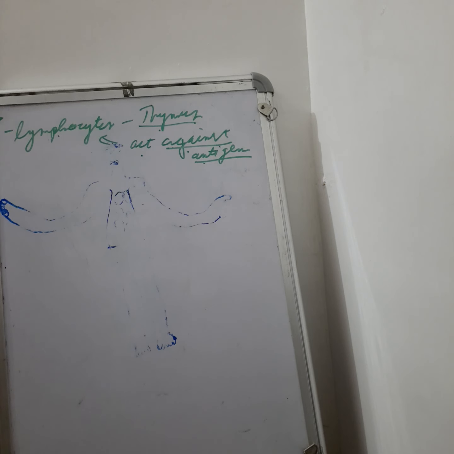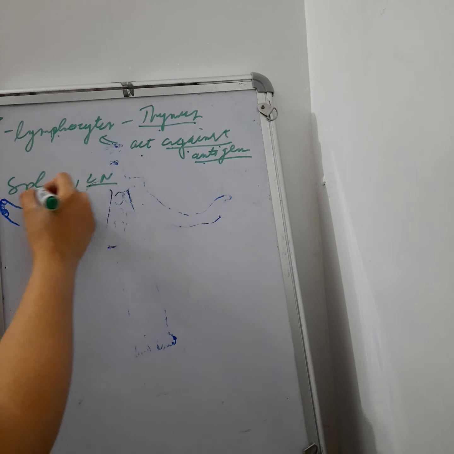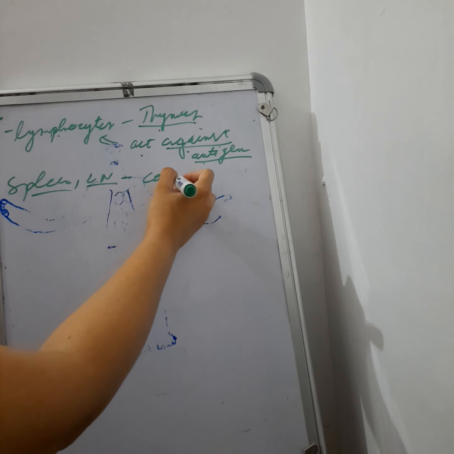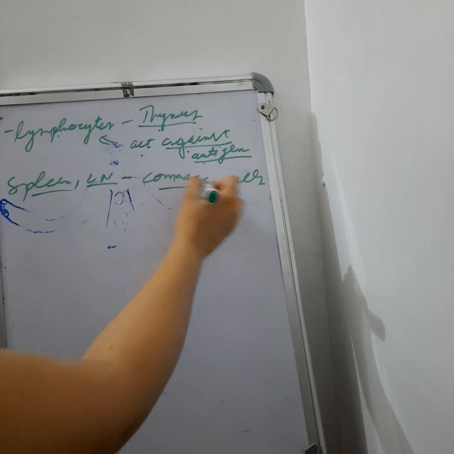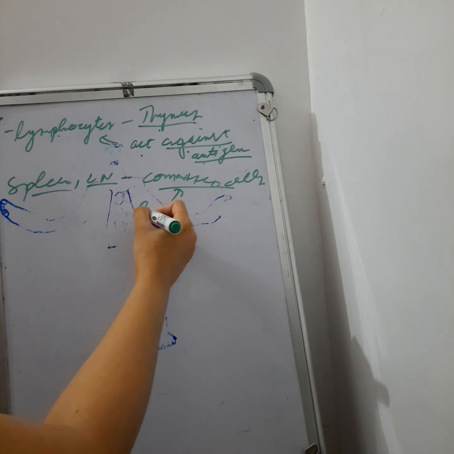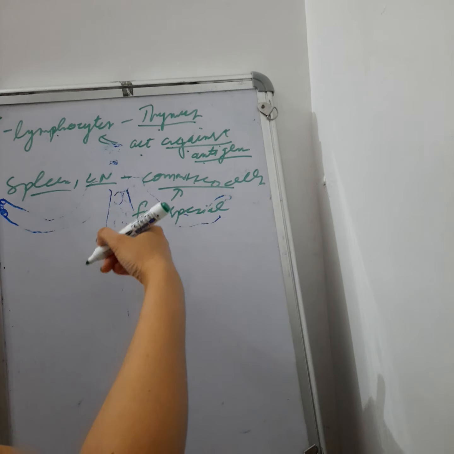On the other hand, if we see the lymph nodes and the spleen present in the body, they have committed cells. That means they can react only to a special kind of antigen, not to any new entry.